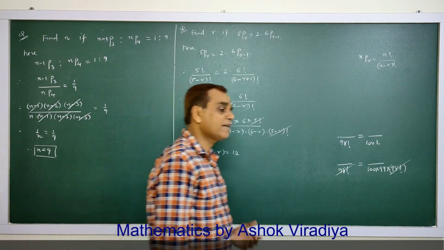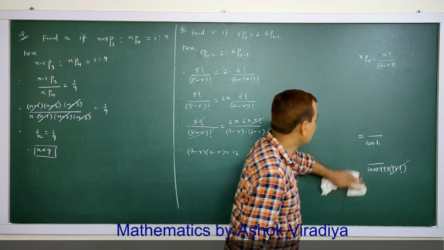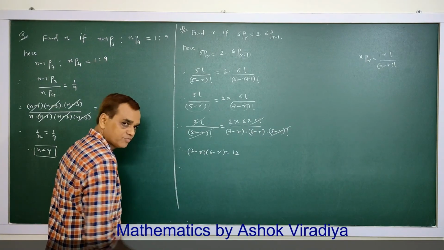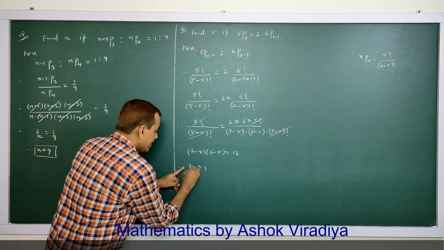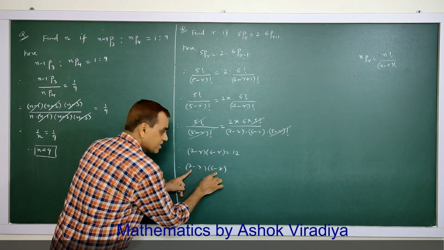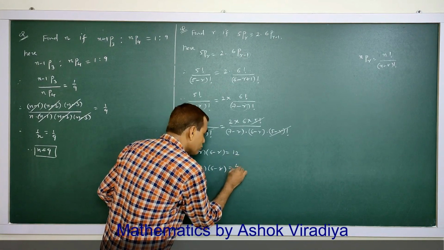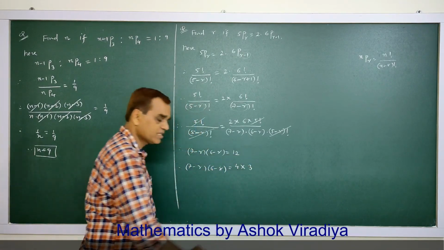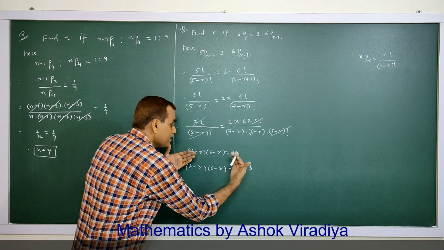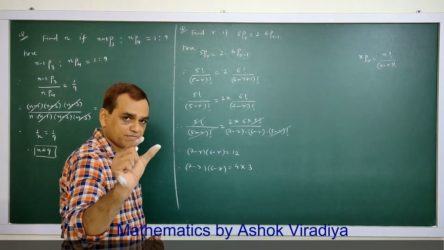Now this equation can be solved by two methods, showing both ways. First method: the left side is a product of two consecutive numbers, and this number can also be expressed as a product of two consecutive numbers. Whenever both sides can be shown as a product of two consecutive numbers, this method is applicable.